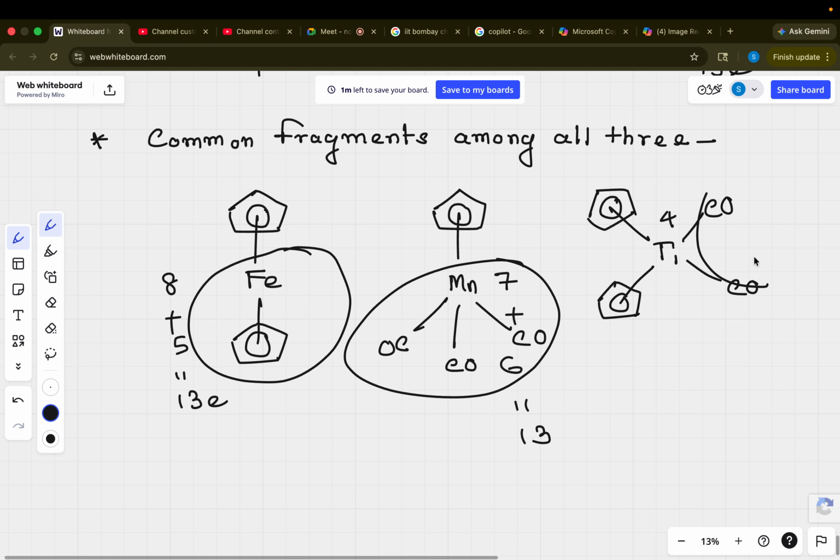From 2 carbonyls you are getting 4 electrons, and from the cyclopentadienyl you will get 5 electrons. So if I consider this whole unit, one cyclopentadienyl ring, titanium metal and both the carbonyls, then you are getting here 13 electrons. So that means these are the common fragments in all these three complexes. Okay, clear? Yes, yes. Okay.